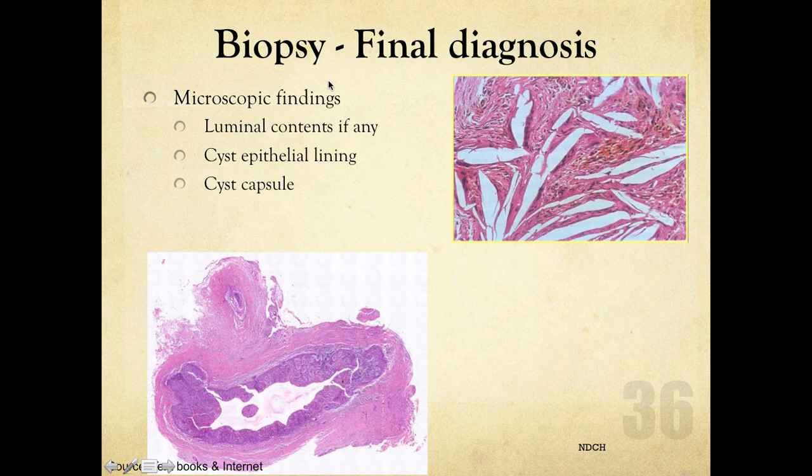So in the microscopic findings, you record the luminal contents, and if there is an epithelium, what type of epithelium it is, and what the thickness is, whether it is continuous, broken, or whether there is any ulceration, exocytosis of inflammatory cells, or any abscesses within the epithelium, etc. And in the connective tissue capsule, usually you find there will be parallel collagen fibers.